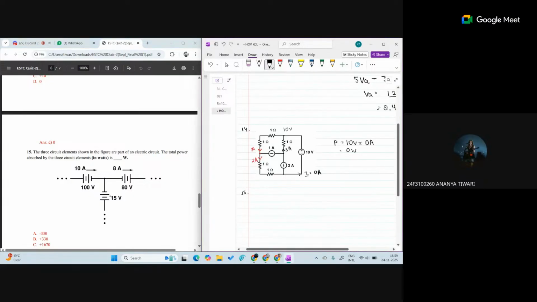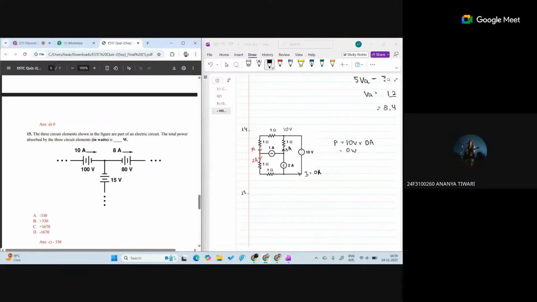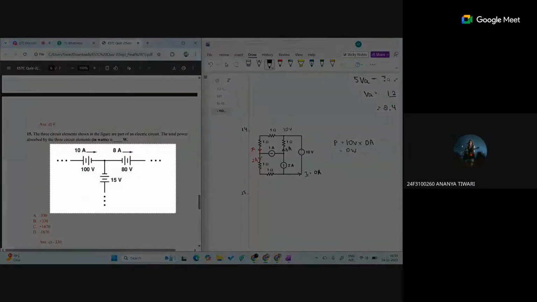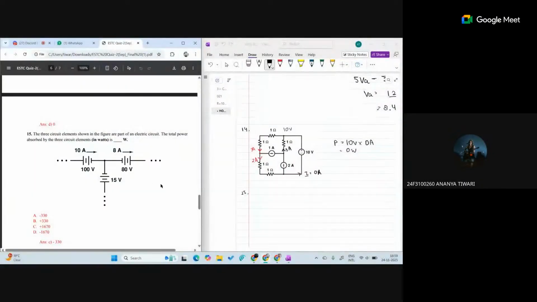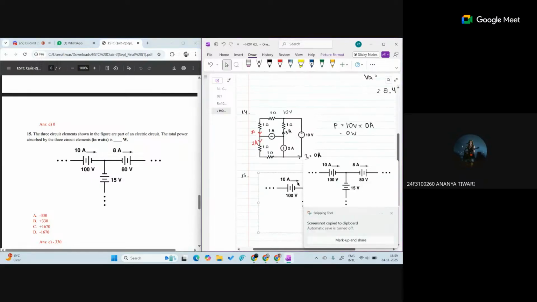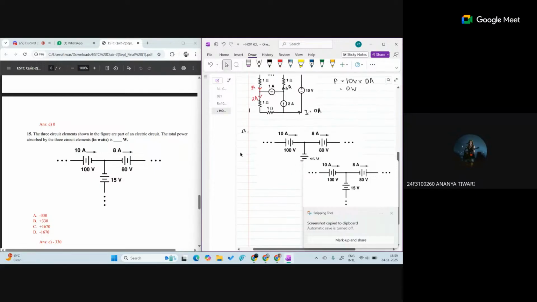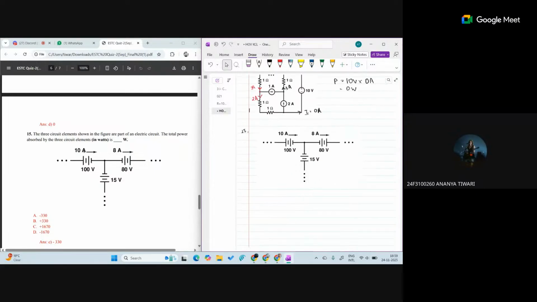So the 15th question. We have this. In the 15th question, we have to find the total absorbed power. So, how do we find it?